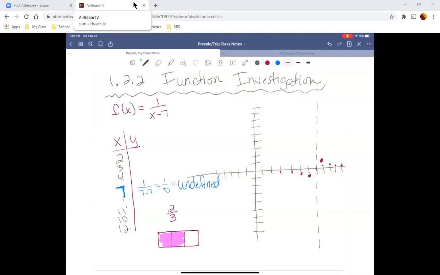That line is just telling us we cannot be 7. And it has a special name, called an asymptote. A what? Asymptote. Weird names, yep. The definition of an asymptote is something that you can get really, really close to, but you can never be.